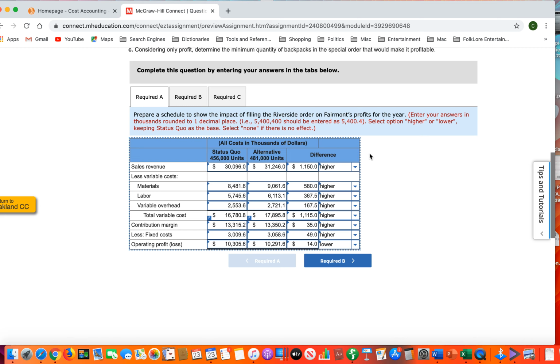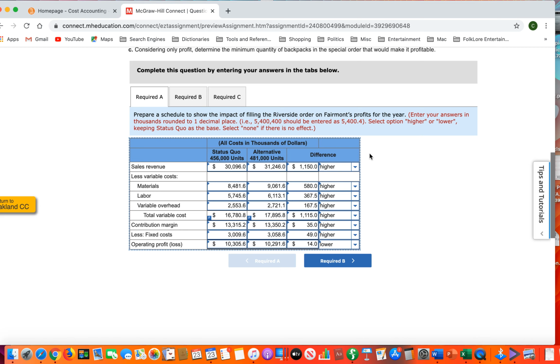So if you take 25,000 and multiply it by $44.60, that'll be $1,115,000, which gives you a contribution margin of $35,000. That's your contribution margin.